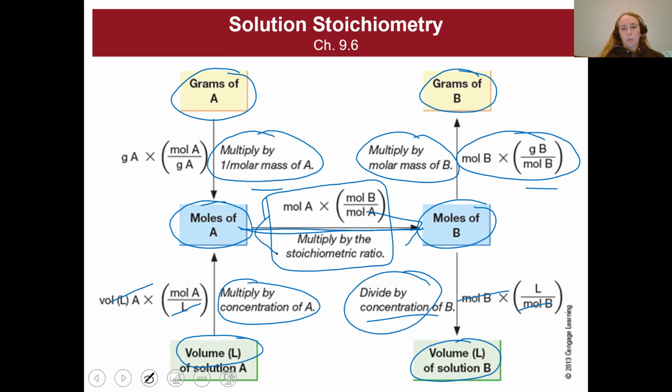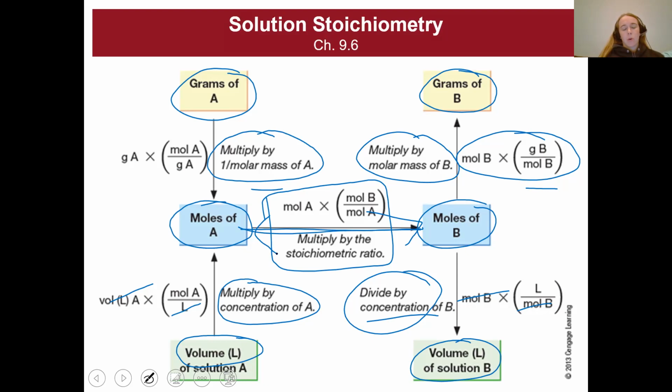You don't need to remember this flowchart, but you should remember how to convert from grams of something to moles of something, and then from moles of that thing to moles of something else, and back to grams or to a volume. All of your stoichiometry problems are going to be like that.